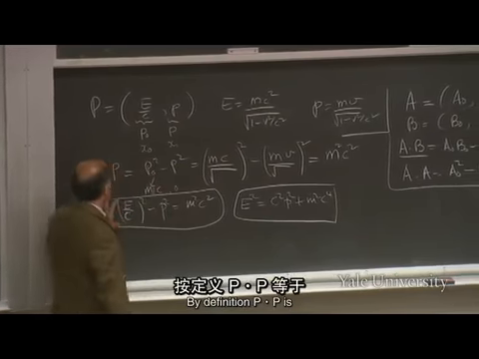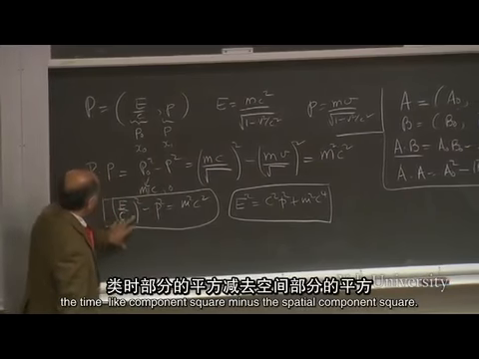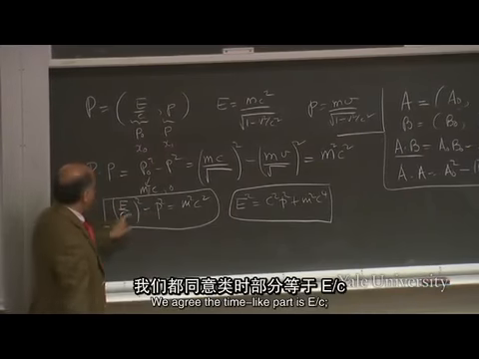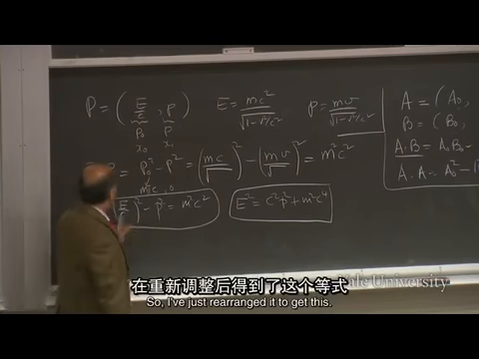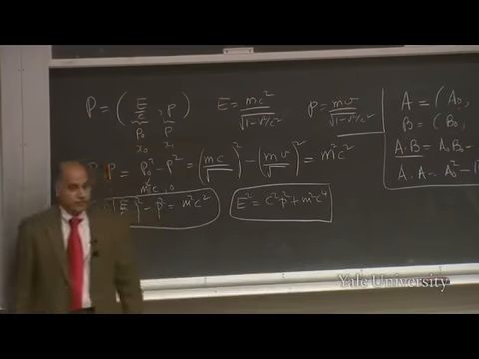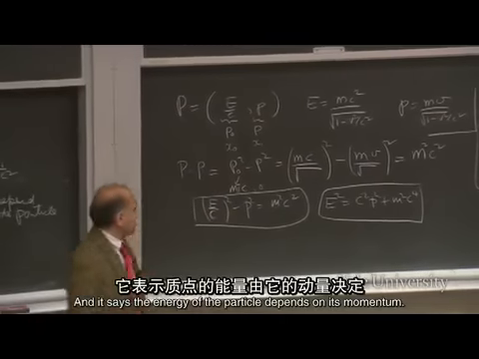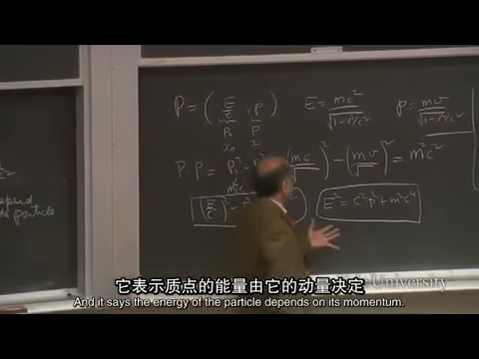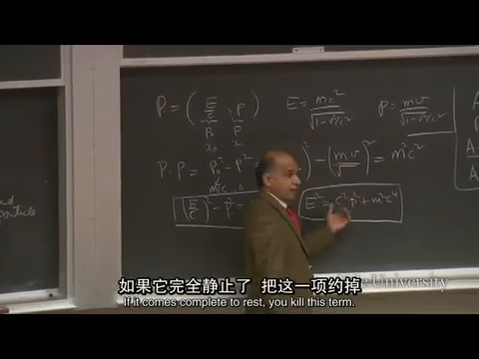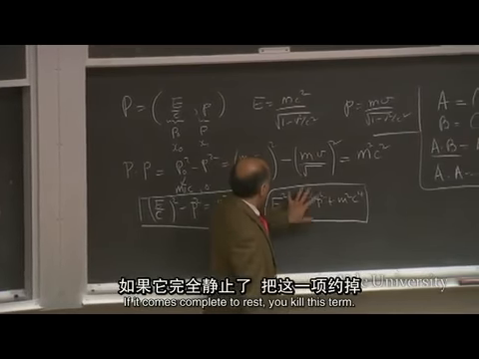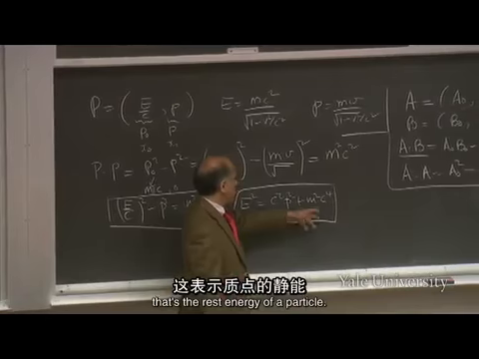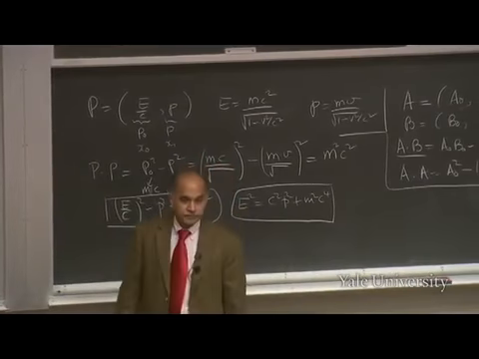By definition, P dot P is the time-like component square minus the spatial component square. We agree the time-like part is E over c, and the spatial part is just the momentum. So I've just rearranged it to get this. And it says the energy of the particle depends on its momentum. If it comes completely to rest, you kill this term. That's E equal to mc squared, the rest energy of a particle.